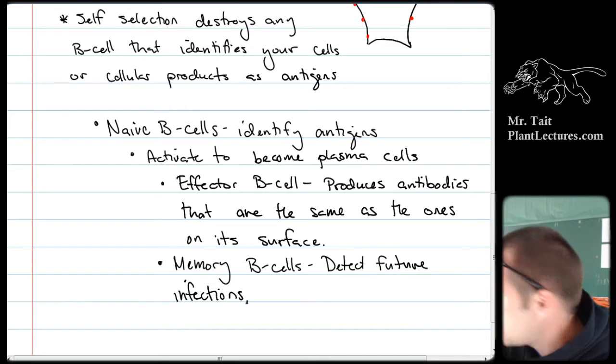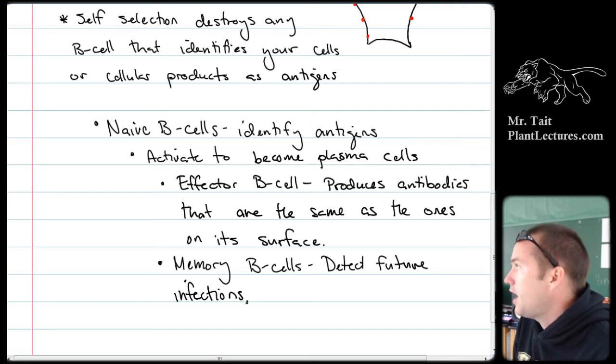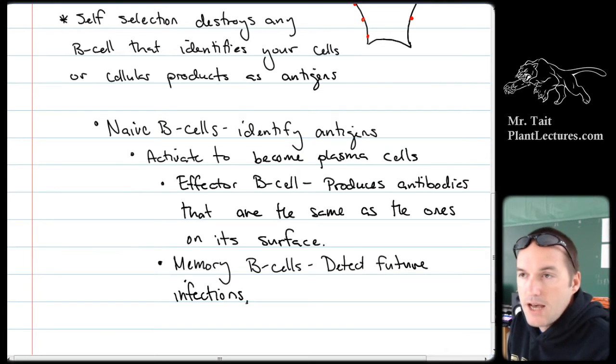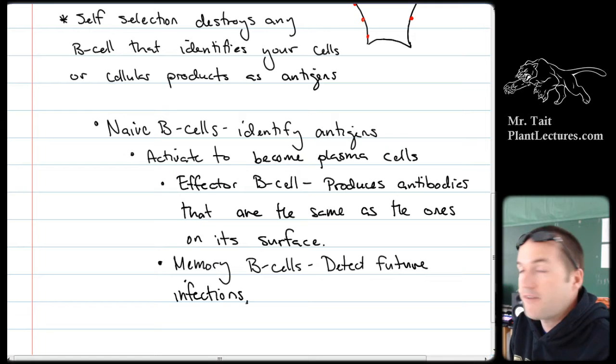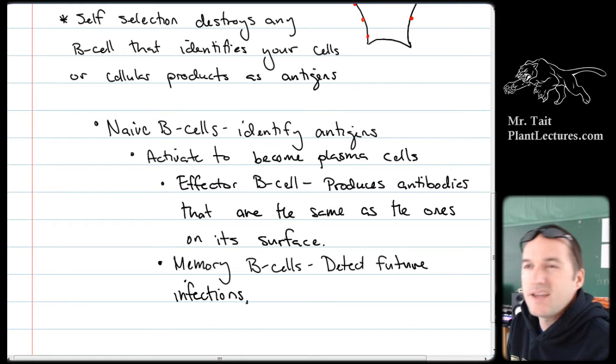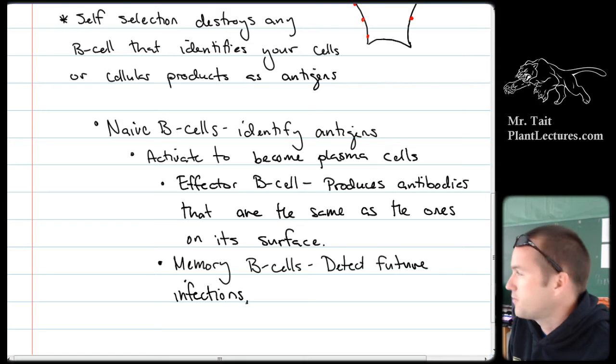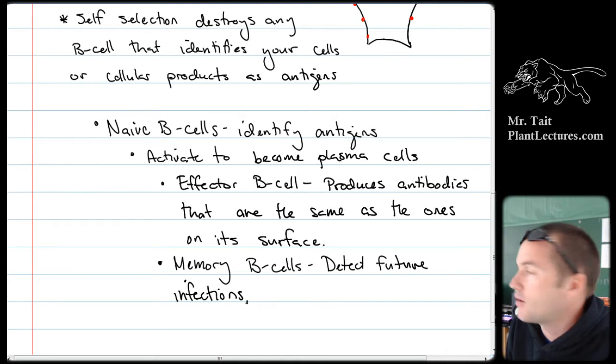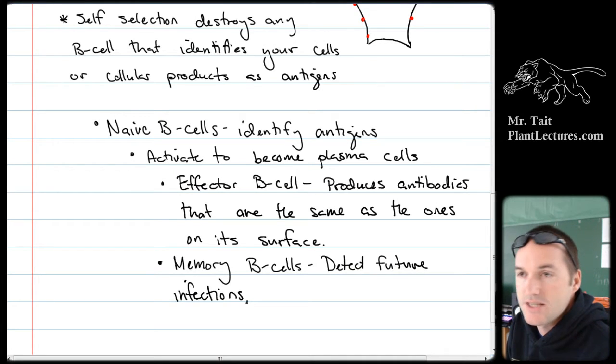So we said that the first time you get an infection, it takes your naive B cells a relatively long time to identify that infection, and so it takes you a while to mount an immune response, and therefore you get sick. You have some symptoms for a little while. But once you've been infected by that particular pathogen, your body creates thousands of these memory B cells, and the memory B cells are then there to make sure that that same infection is not able to really cause any symptoms for you again.